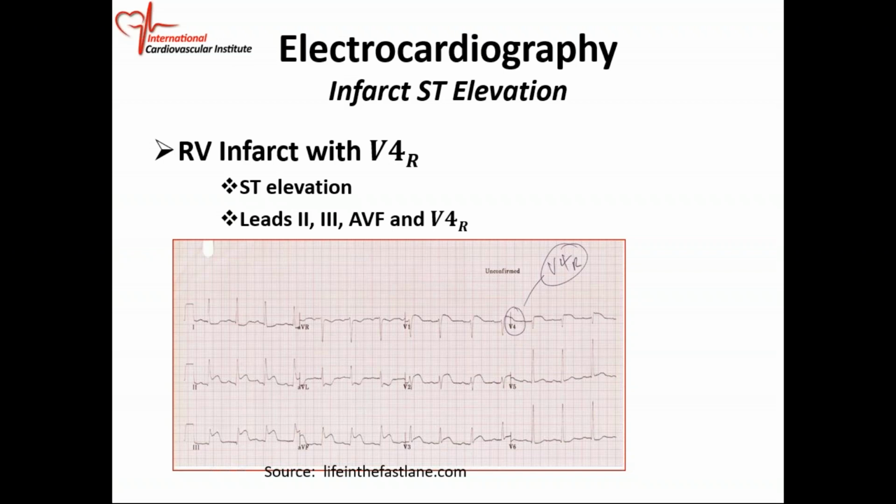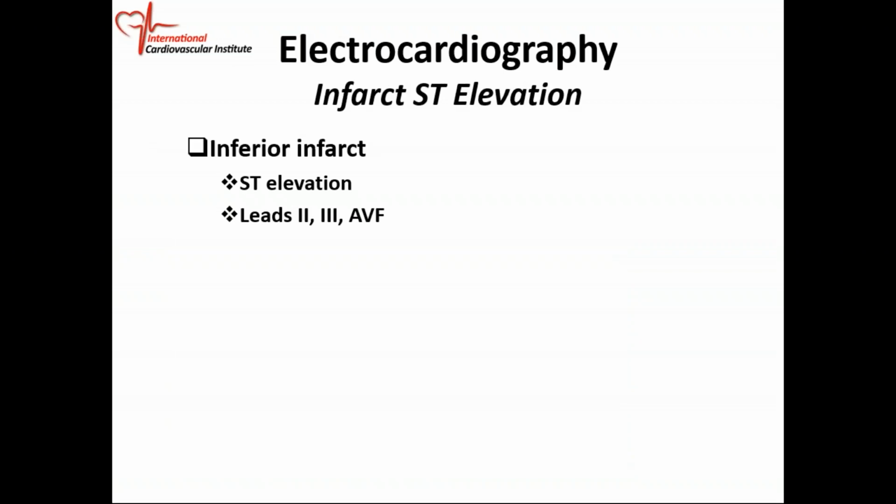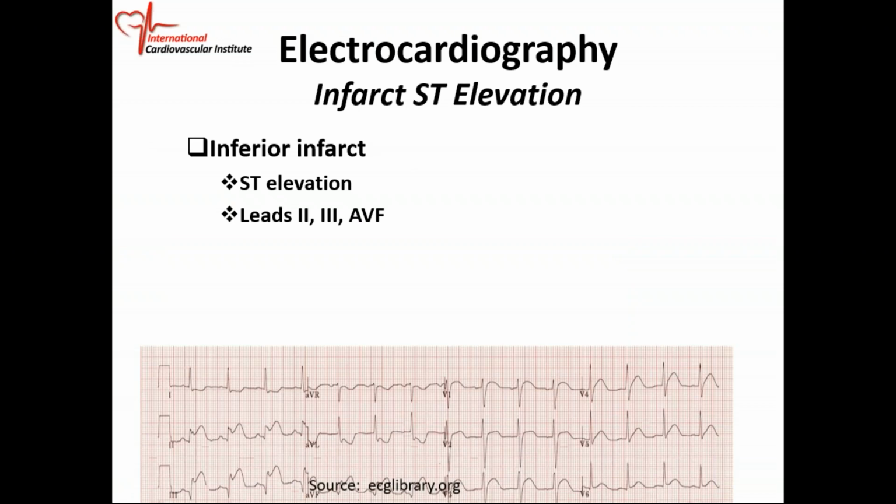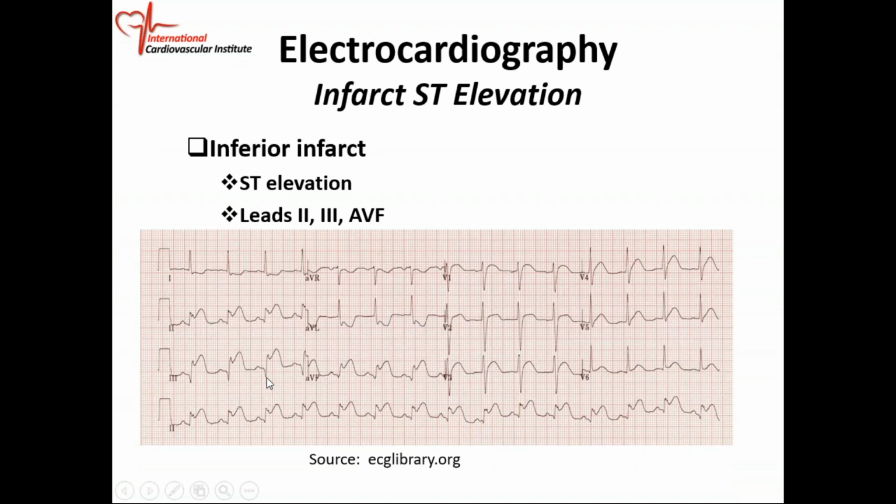So we look at our inferior wall heart attack, where you have ST segment elevation in the inferior leads. These are STEMIs, ST segment elevation myocardial infarction. So it's an inferior wall STEMI, inferior wall heart attack, inferior wall infarct, ST segment elevation in leads 2, 3, and aVF.